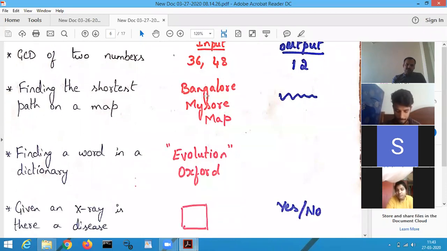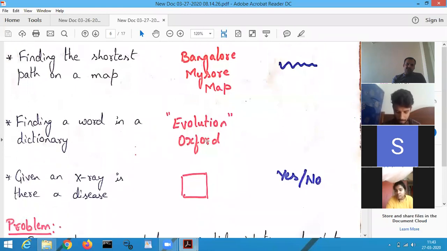Similarly, for finding the meaning of a word in a dictionary, if I have only 10 pages and 100 words, that is not the best algorithm. If I have 1000 words and 1000 pages, and you are able to find the meaning of the word in a faster manner, then I can say that is the best algorithm.